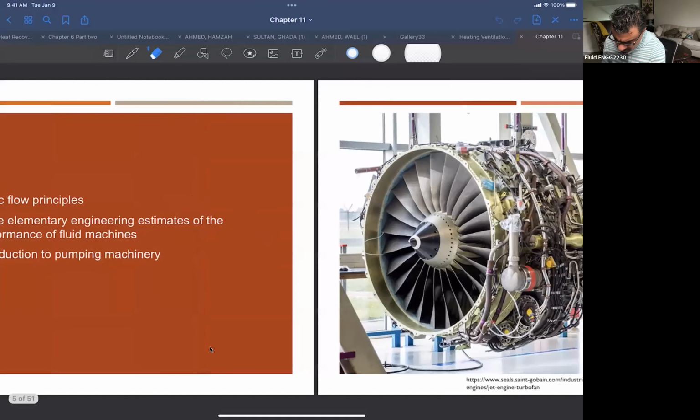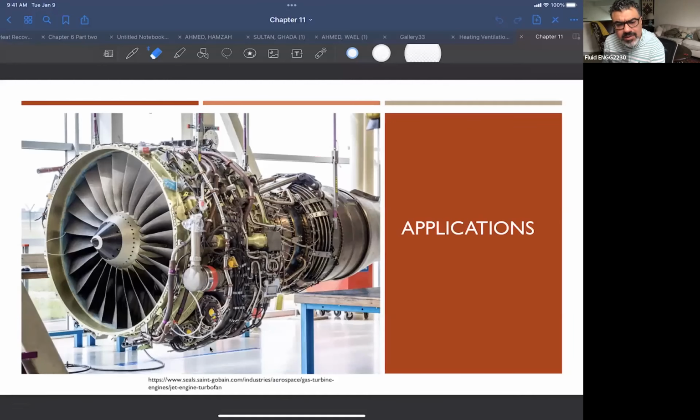Okay, turbomachines have many applications. As I mentioned, either you are generating energy by flowing fluid around the machine or these turbine blades, or you are providing mechanical motion in order to drive the fluid. So in this case we call it either a pump or compressor, versus turbines. And this turbine could be a hydraulic turbine or a gas turbine.